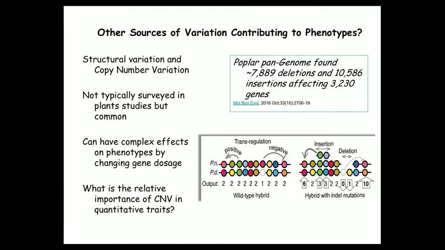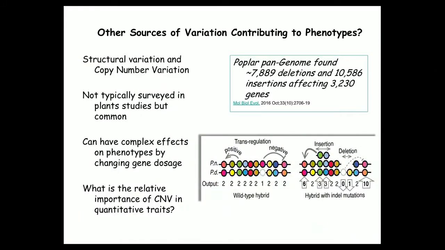Now, this is not typically surveyed in plants, but recent sequencing studies stress that this is a very common, in fact, a very surprisingly common source of variation. So for example, this work looking at different poplar species and individuals found a very large number of deletions and insertions affecting thousands of genes across these different poplars. So although we don't usually measure this, it is common.